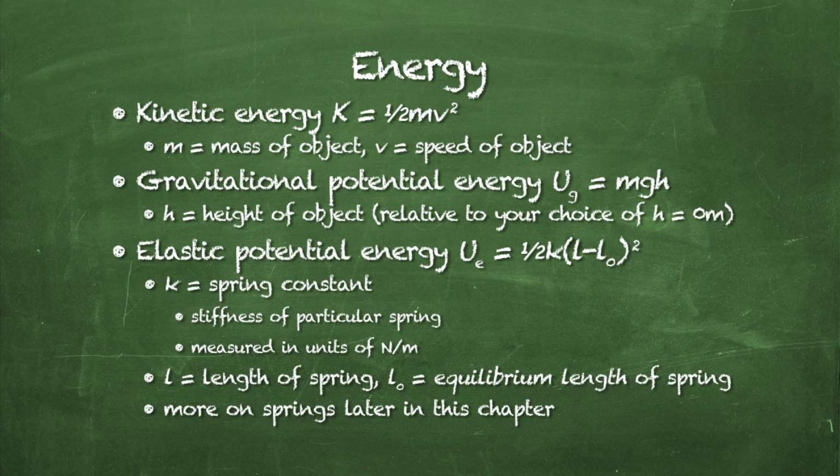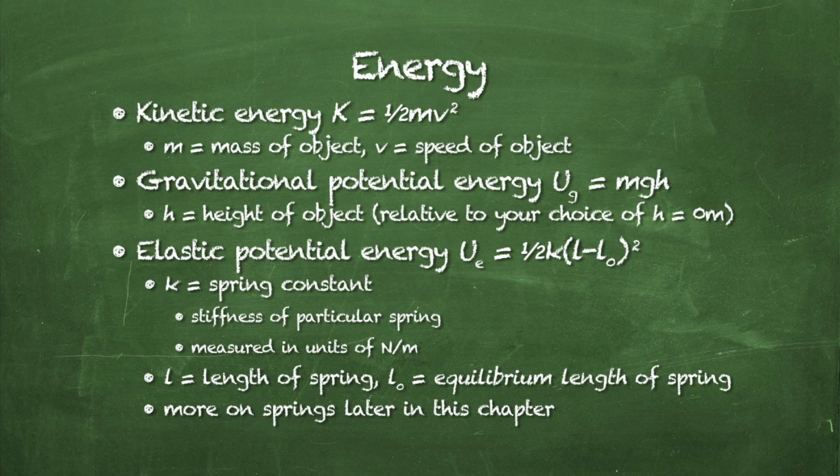Okay, so those are our three forms of energy that we know so far. Kinetic energy, 1/2 mv squared. Gravitational potential energy, mass times g times h, the mass of the object, g, 9.8 newtons per kilogram, and height relative to whatever we choose to be the zero height.